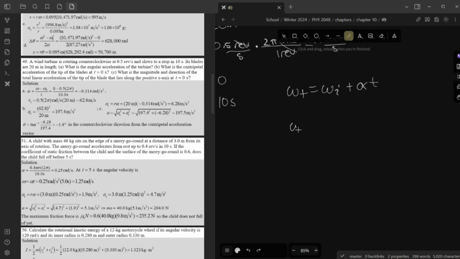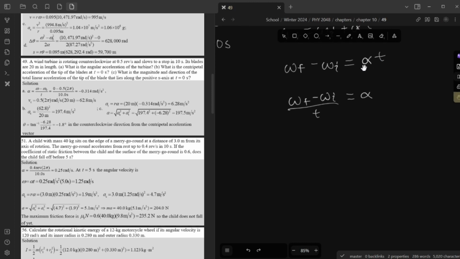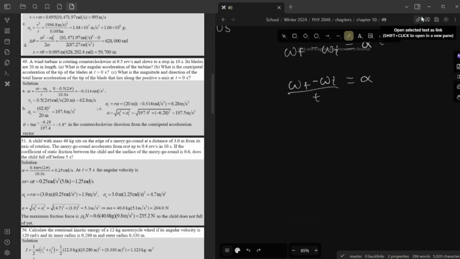So we subtract omega initial on both sides, and then we can divide by t on both sides as well. And this will give us an equation to find alpha.